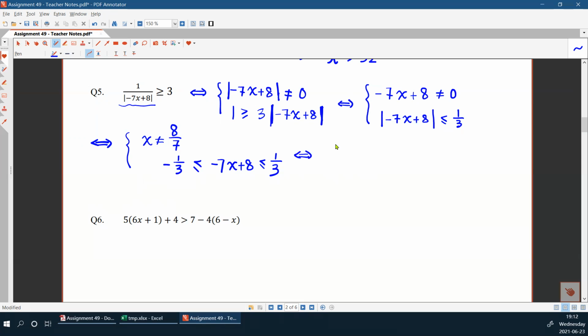Okay, let's try to simplify this. First, just copy x cannot be 8 over 7. Second, first of all, we can subtract 8 from both sides of the inequality.